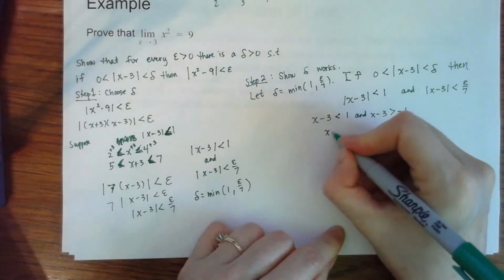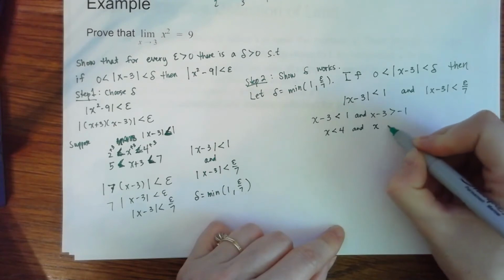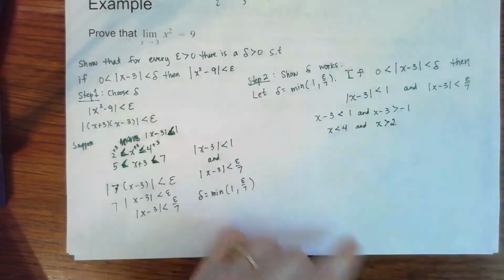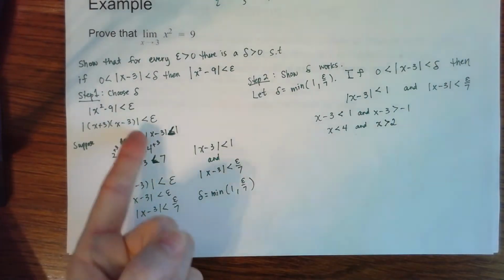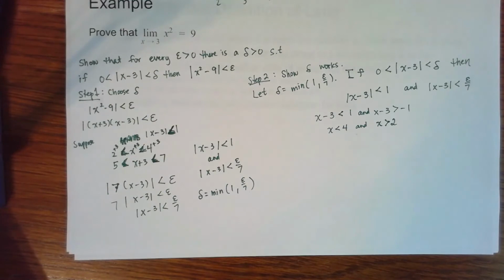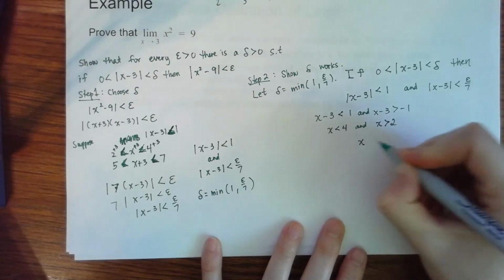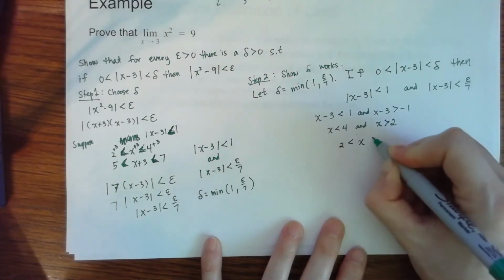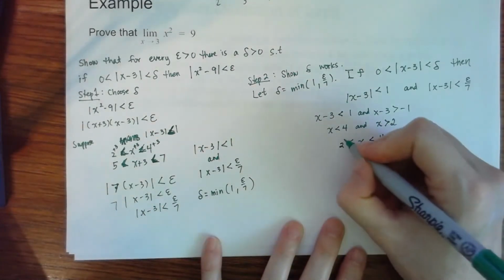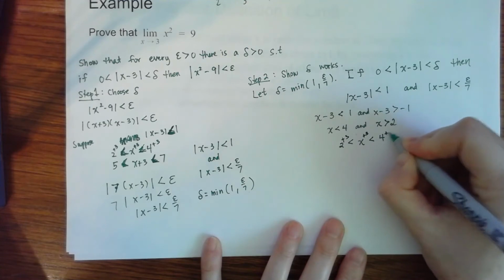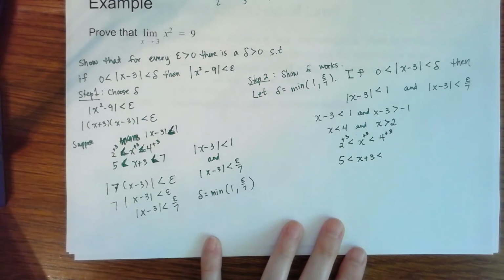So this would give us that x is less than 4, and this would give us that x is greater than 2. And that's no surprise because that's what we had over here, right? And so of course we have x is between 2 and 4. And if we add 3 to all of these, then we have x plus 3 is between 5 and 7.